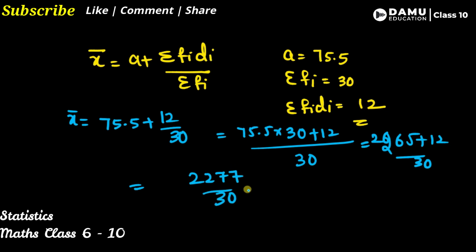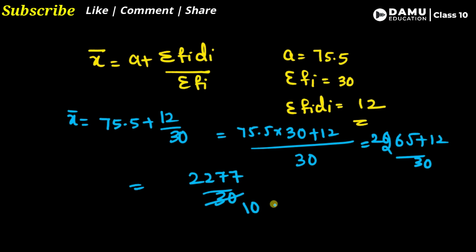So let's cancel. 3 tens are 30, 3 sevens are 21, 3 fives are 15, 3 nines are 27. That gives 759 by 10, we will get 75.9.